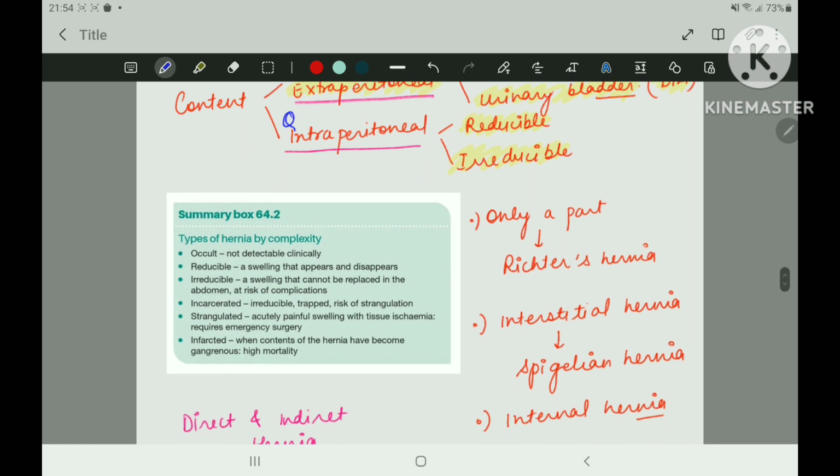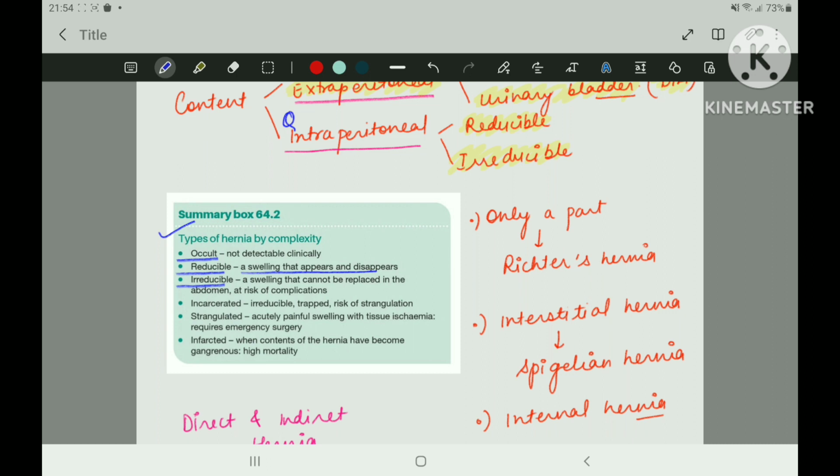Then if we talk about types of hernia by complexity, it can be an occult hernia, which is not detectable clinically. Then a reducible hernia, a swelling that appears and disappears. Then an irreducible hernia, a swelling that cannot be replaced in the abdomen, at the risk of complication.